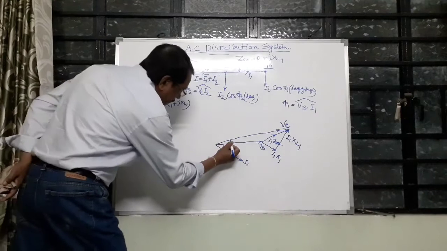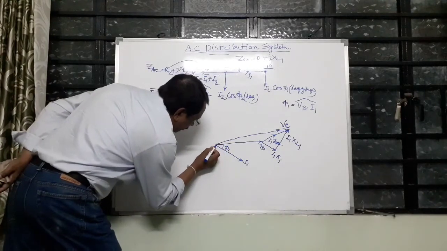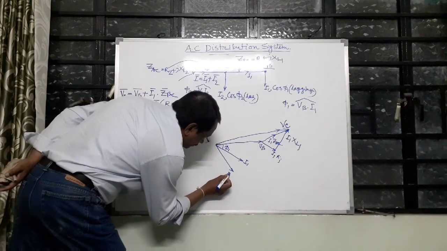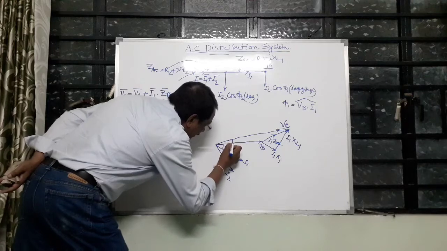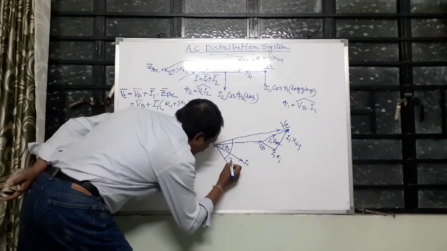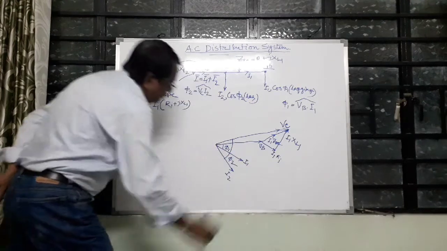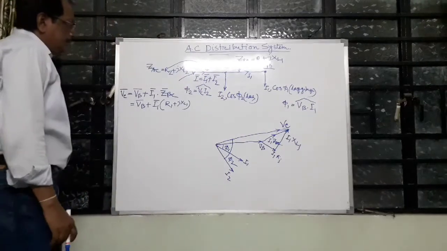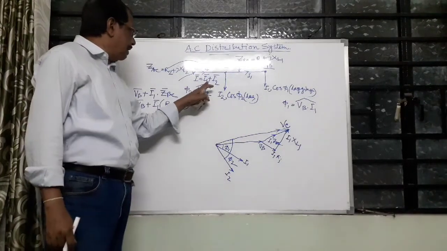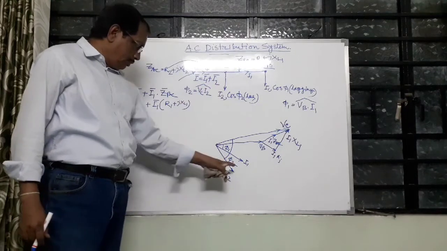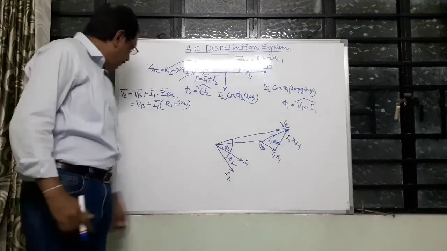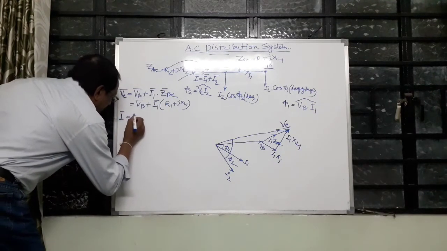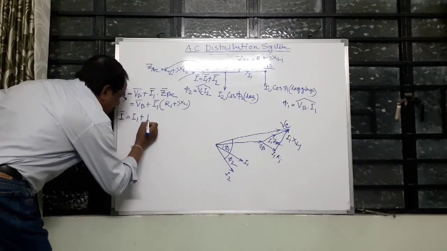Now in the AC portion the current is the vector sum of I1 and I2, so I equals I1 plus I2.